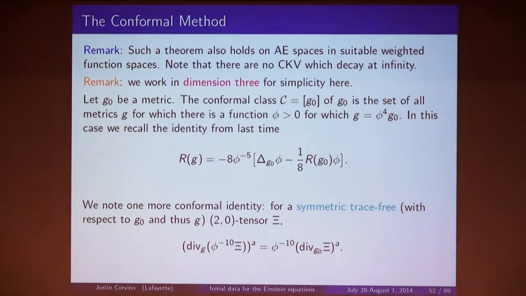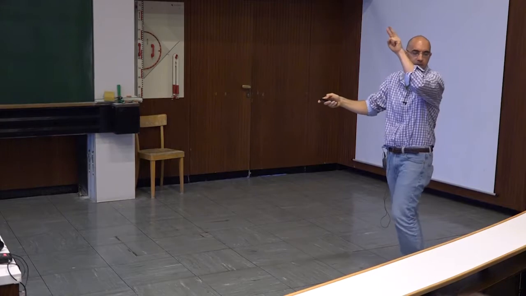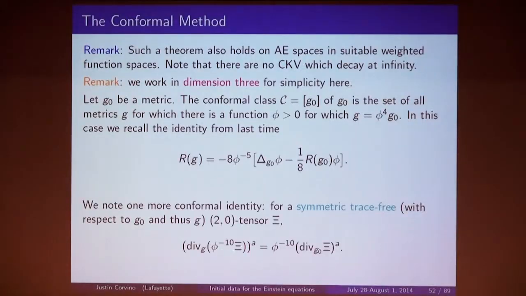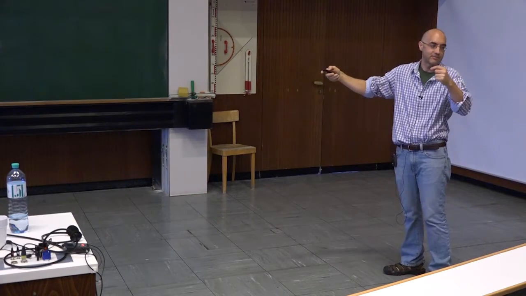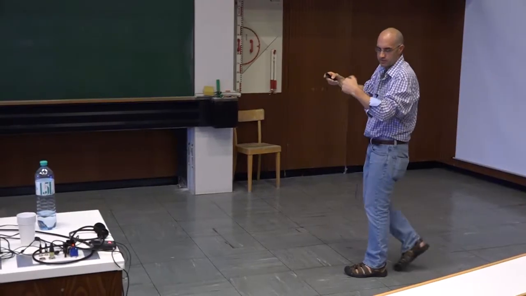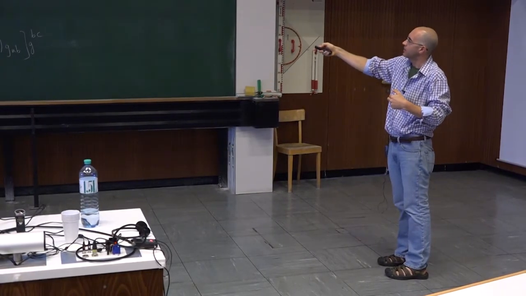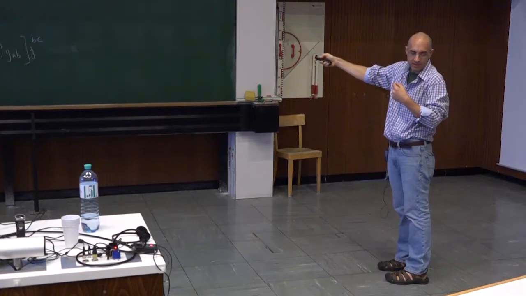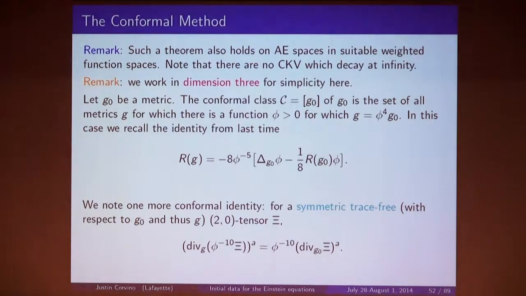If you take 2 metrics that are conformal, and I'll take a 2-0 tensor xi, so indices up. You can also do a version with indices down; you can figure out what the power should be. If you take that tensor and conformally rescale it by phi to the minus 10, take its divergence, so take a covariant derivative and then trace, with the metric g, that's the same as having done the divergence in the original metric g naught, and the phi to the minus 10 pulls out.